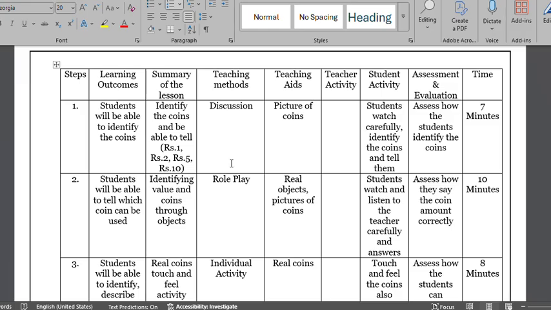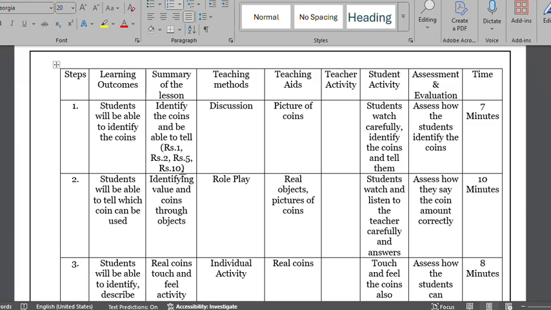Under each step, you mention the learning outcomes that are expected, and also the teaching methods that you are going to use. For the first step, I have mentioned identifying the coins and being able to tell 1 rupee, 2 rupee, 5 and 10, for grade 2.